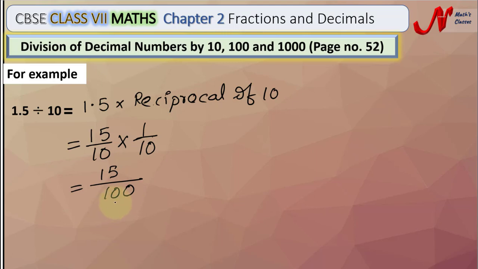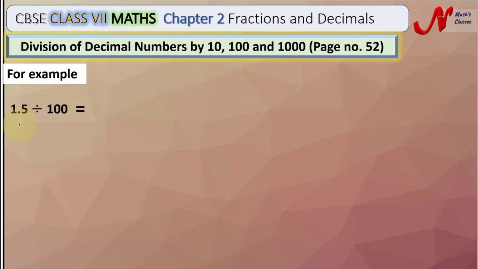In the denominator we have 2 zeros, so in the final result from right to left we keep the decimal point after 2 digits, so we get 0.15. Therefore 1.5 divided by 10 is equal to 0.15.